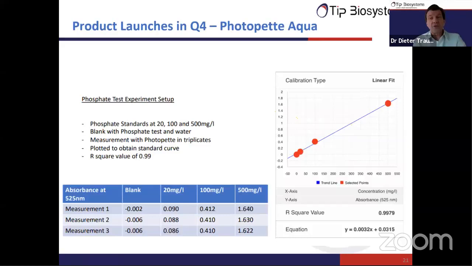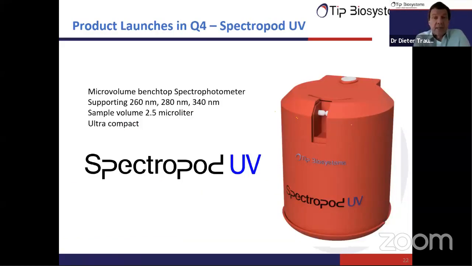Okay. Also, I'm very excited about another development that we have. And again, we intend to launch it at the end of this year. This is a new product family, which we call Spectropot. The first member of this family will be the Spectropot UV.